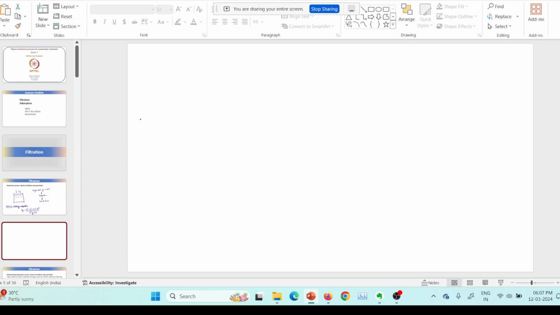HF is the head loss across the bed, and the unit will be in meters. L is the depth of filter. E is the porosity of the bed.